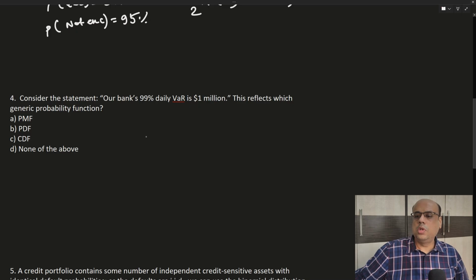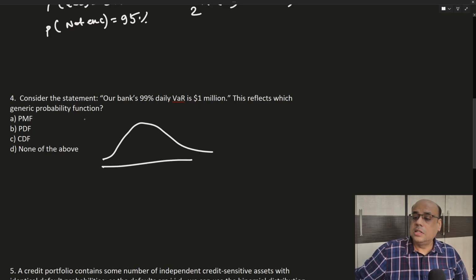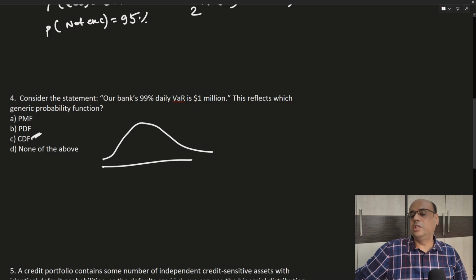Now let us get into the fourth question. Here it is saying that our bank's 99% daily VAR is 1 million. This reflects the CDF, the cumulative distribution function. This does not reflect the PDF or PMF, but the cumulative total. So if we are saying this is 99%, this is the tail event.